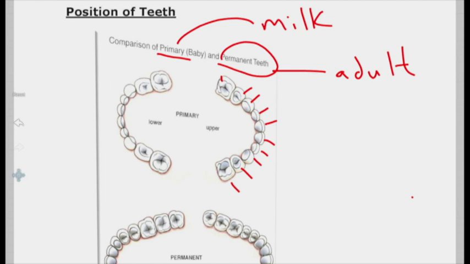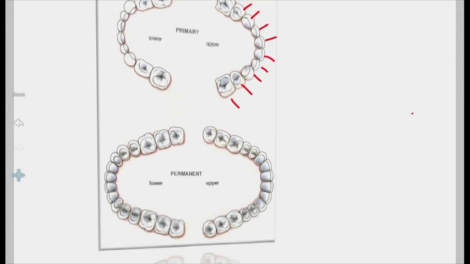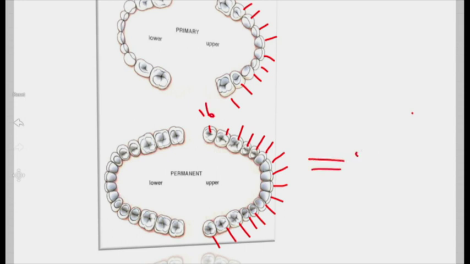But for the permanent, for the adults, as can be seen here, we say that there are 32 teeth in total. So that's the upper jaw. They can be counted. 1, 2, 3, 4, 5, 6, 7, 8, 9, 10, 11, 12, 13, 14, 15, 16. That's 16. And 16 on the other side, which makes 32 teeth.